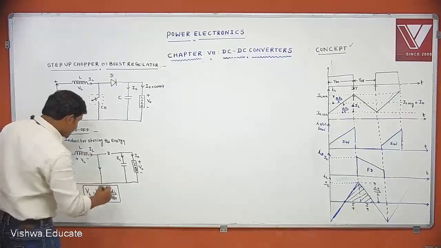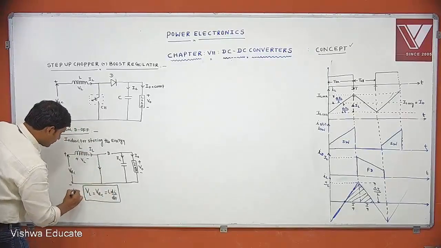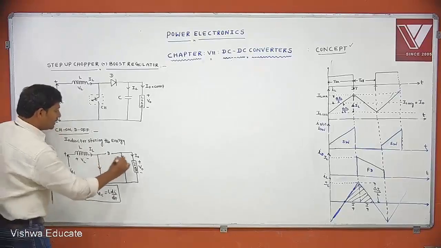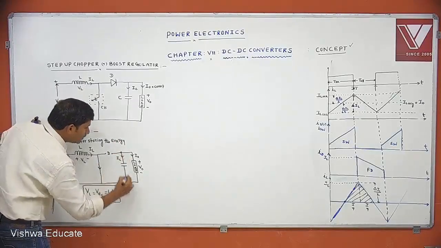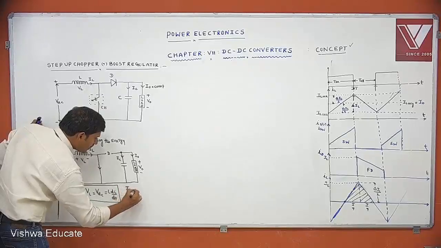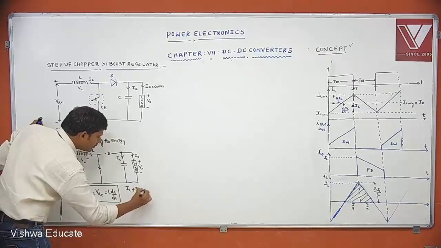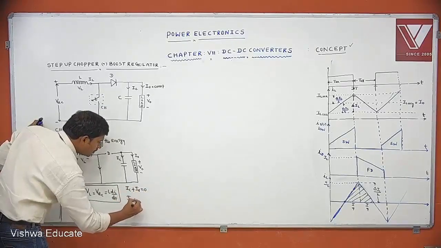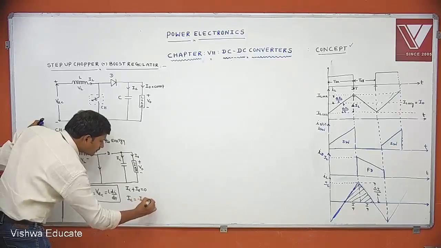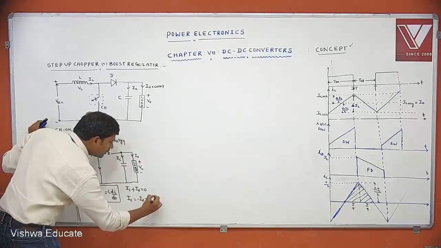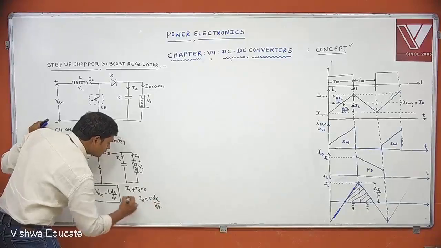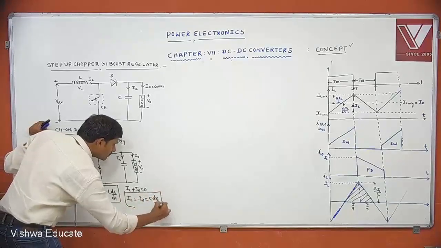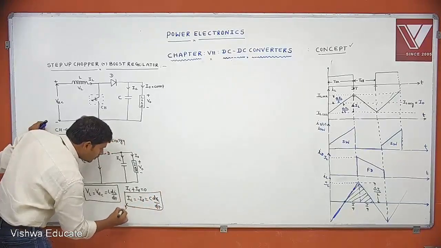This is KVL. And this is KCL. Apply KCL at this node: IC plus I naught equal to 0. What is IC equal to? Minus I naught. IC is nothing but C into dVc by dt. This is according to KCL.